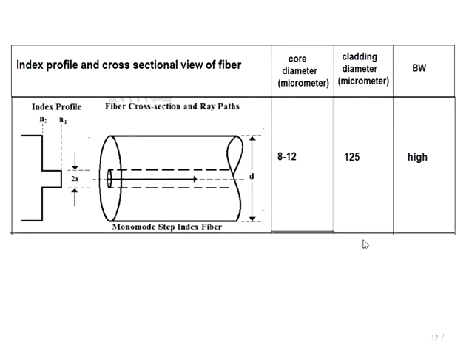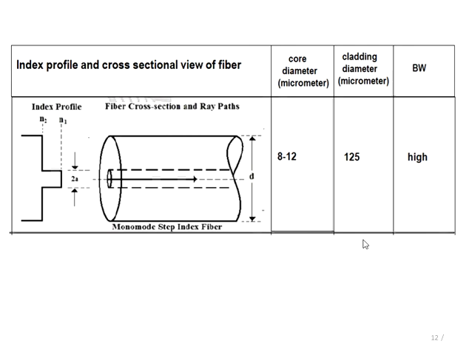So if we compare the three different types, the first type, single mode step index fiber, we need to pass only one mode and hence the core diameter is made very small. So the diameter is around 8 to 12 micrometer. Cladding diameter is around 125 micrometer and bandwidth is high.